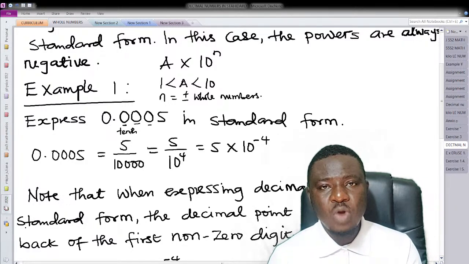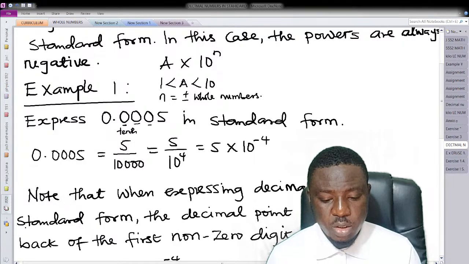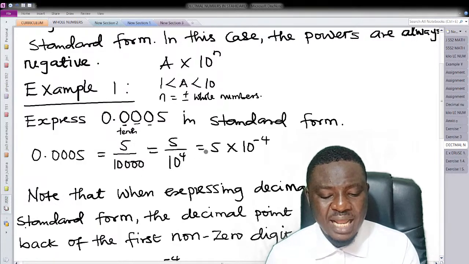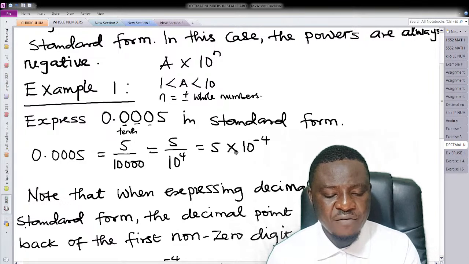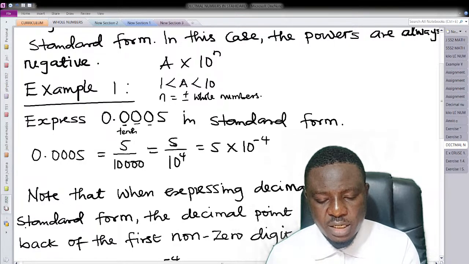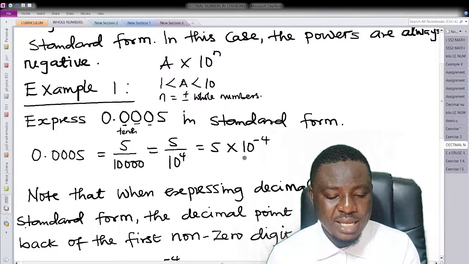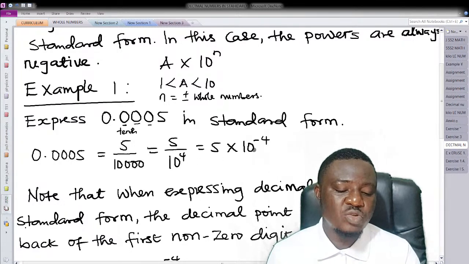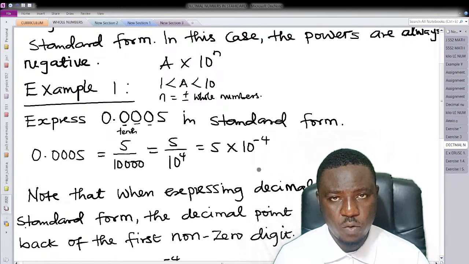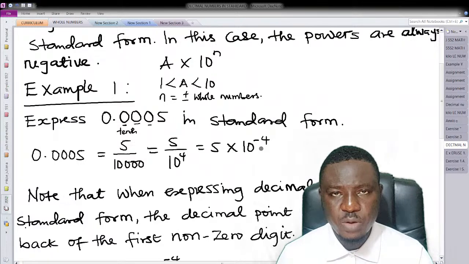That is to say, you are multiplying 10 four times to get 10,000. So this can be expressed in standard form as 5 times 10 raised to the power of minus 4. Minus 4 in the sense that this is 5 times 1 over 10 to the power 4. The reciprocal of any number in index form is written as 10 raised to the power of minus 4. So this is 5 times 10 raised to the power of minus 4.